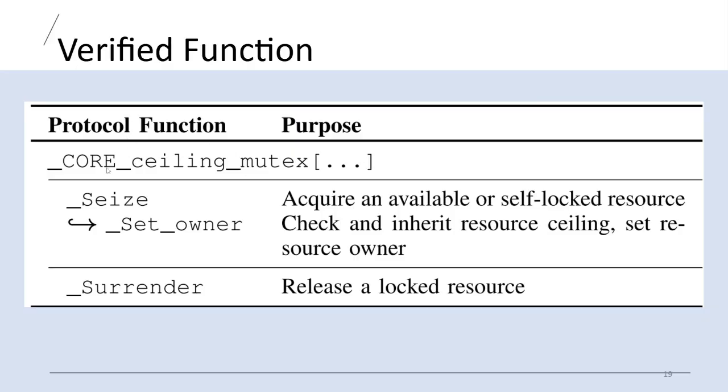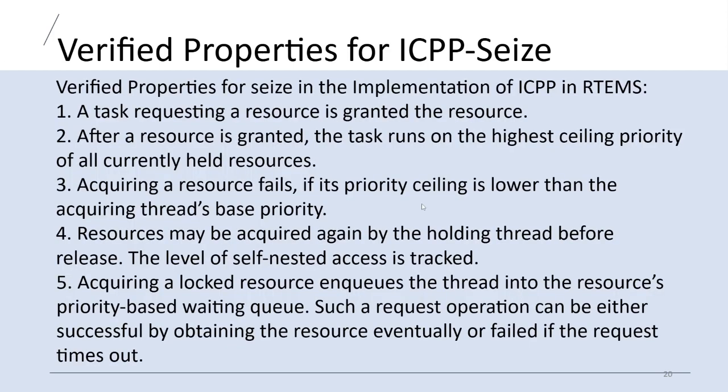These are the functions that they need to verify: the seize function, the surrender function, and the core mutex seize. The seize function will acquire a variable or a self-lock resource, check, and set the owner, check and inherit the resource ceiling, and set the resource owner. The surrender function releases a lock resource.